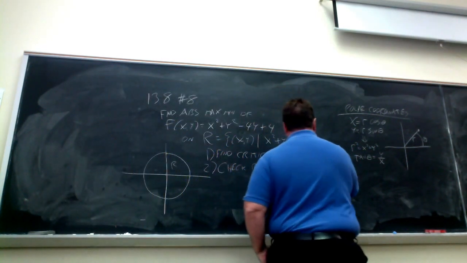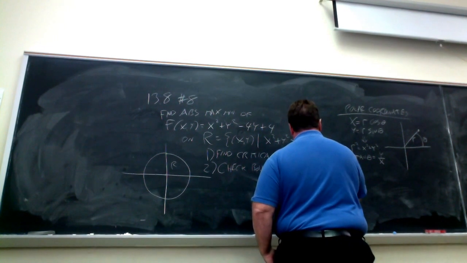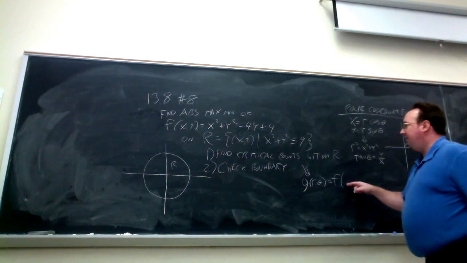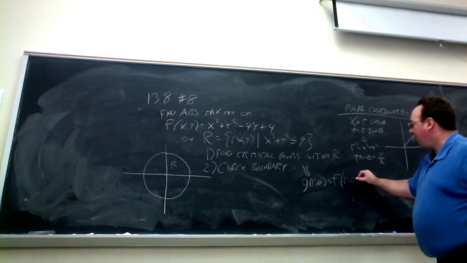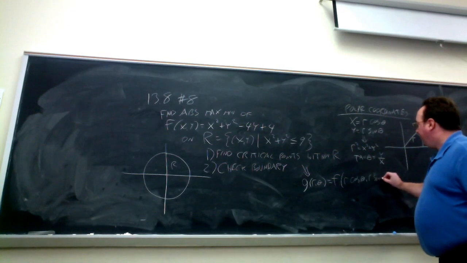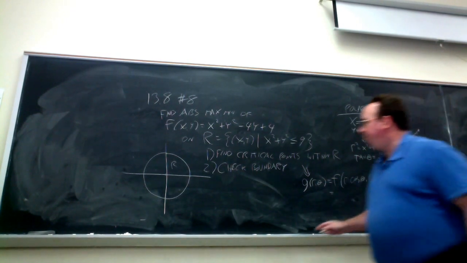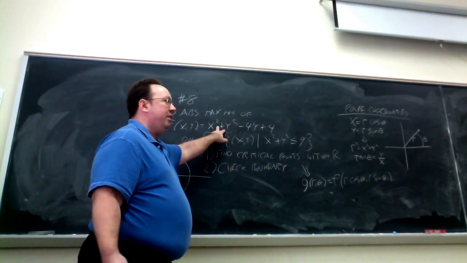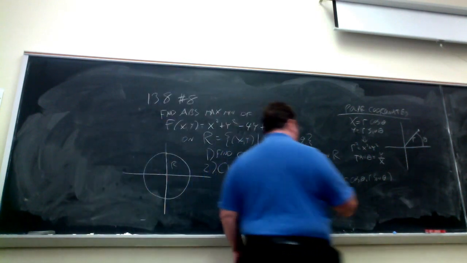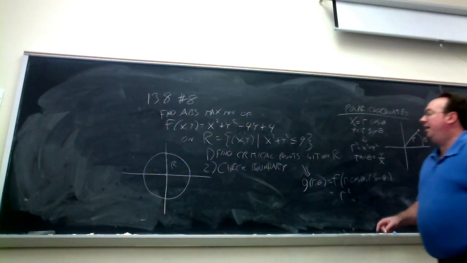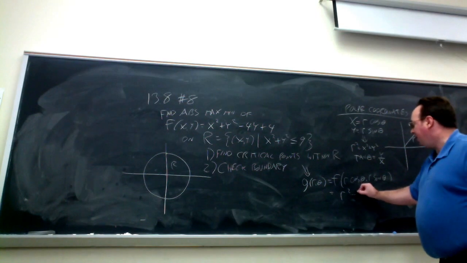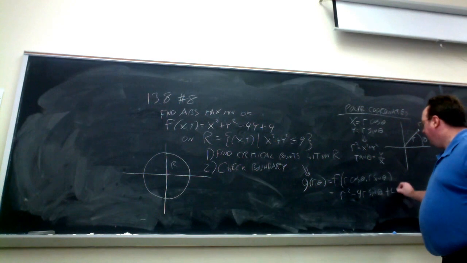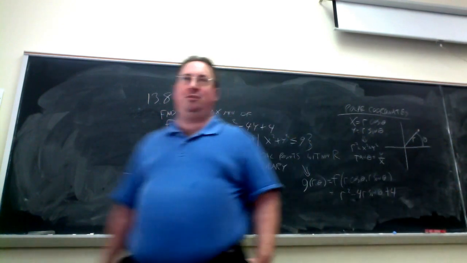So in that case, if I define function g of r, theta to be the original function f of x, y, but x is now r cosine theta, y is r sine theta, this particular function translates pretty nicely to polar coordinates because you have x squared plus y squared already there. So that's just r squared. And then the minus 4y becomes minus 4r sine theta. And then you have the plus 4, because 4 is 4 in any coordinate system.